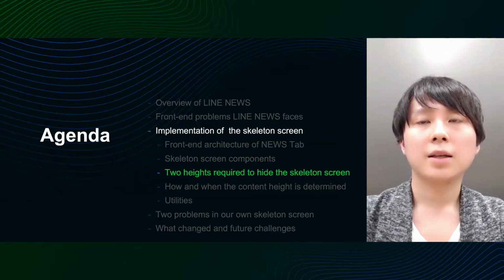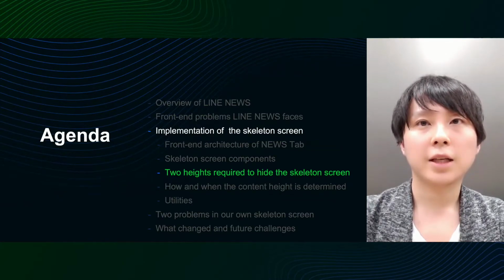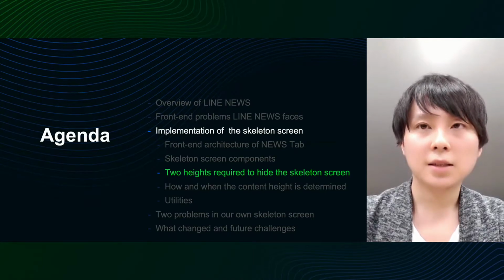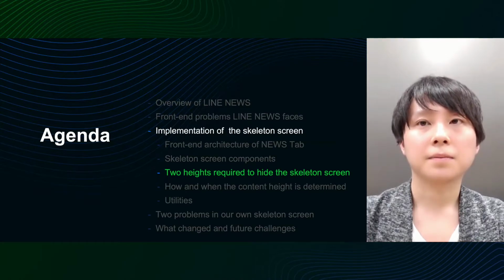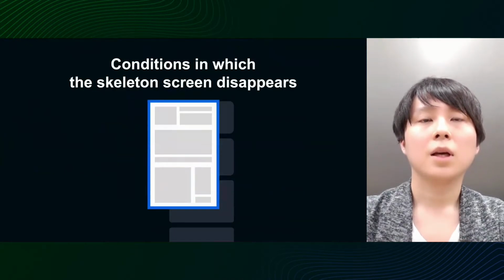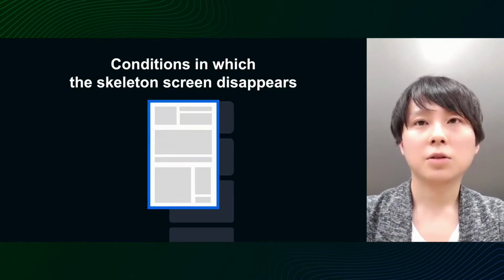Now that we can pass props to manage the skeleton screen, let me now talk about the two heights that are related to the logic that decides show hide. Let's review the conditions for the release of skeleton screen again.